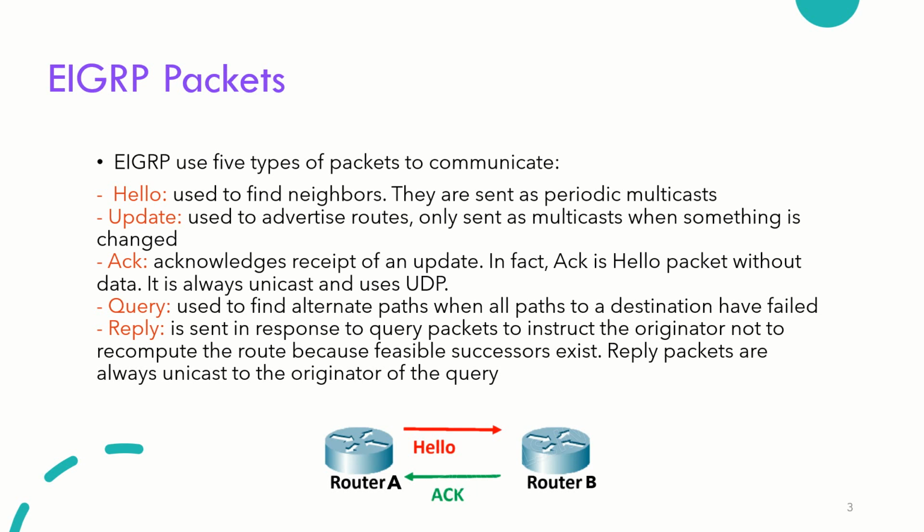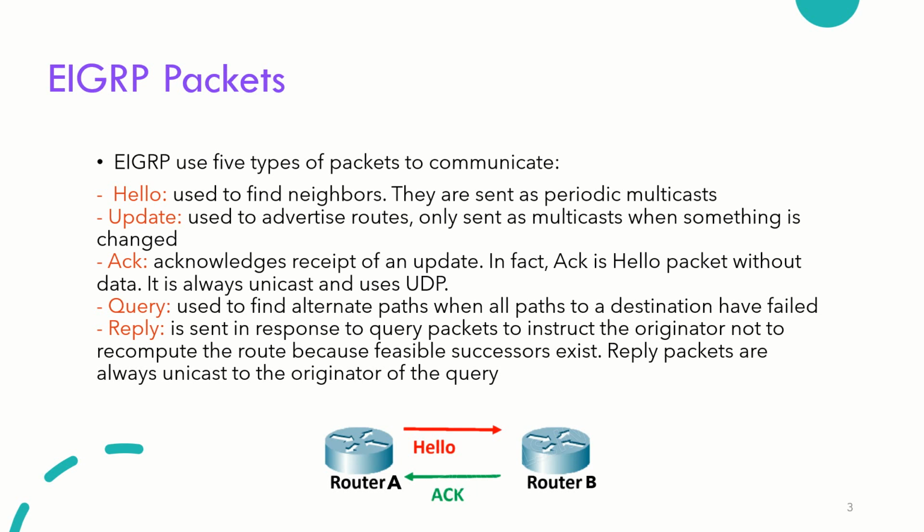And this is a periodic multicast. After hearing hello from router A, router B will respond with another hello packet and say, yes, I have. Now they can find each other.